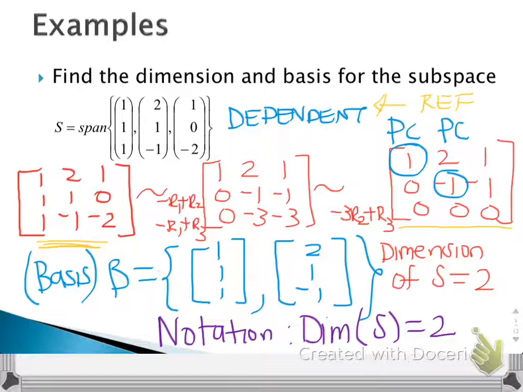Since the first two columns are pivots, the first two columns from our original matrix form our basis, okay? Although S is the span of these three vectors, we only need two vectors in the basis, because the third vector is dependent on the other two. And since we only have two vectors in our basis, the dimension of S equals 2, okay?